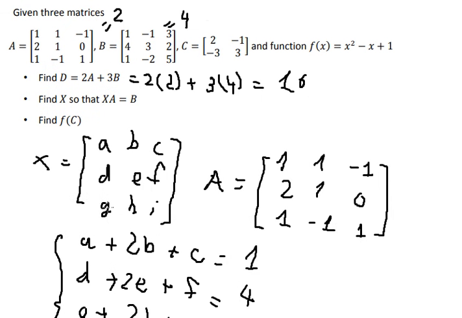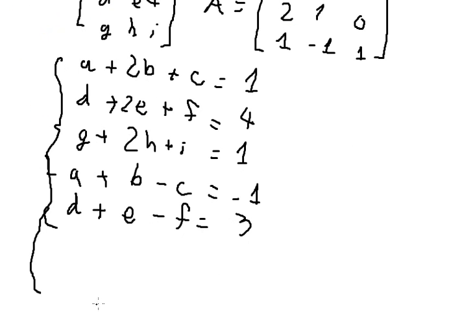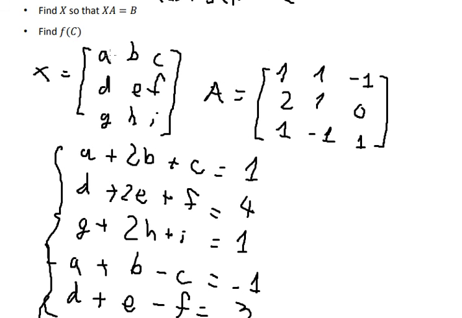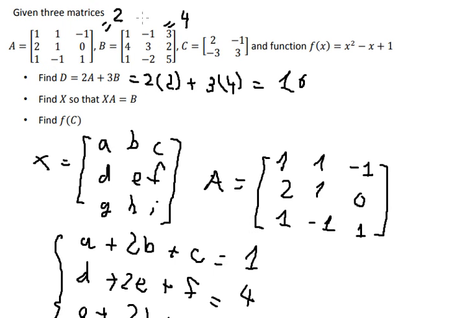And the next one, G, H, I, 1, 1, negative number 1, that's equal to negative number 2. And now we go to the last one, ABC, negative number 1 and 1. So we got about number 3.